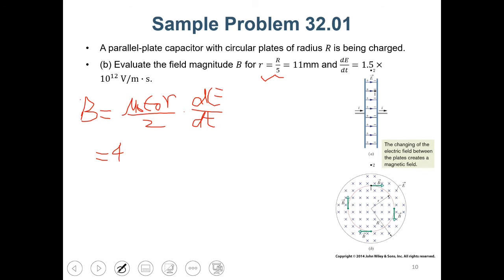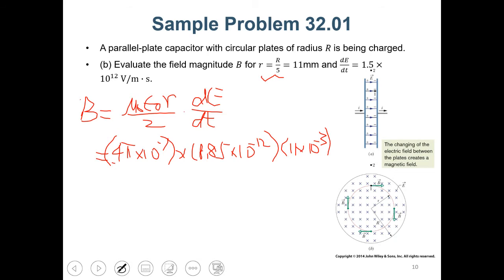Mu naught is 4 pi times 10 to the minus 7, and epsilon naught is 8.85 times 10 to the minus 12. R is 11 millimeter, so 11 millimeter over 2, and then multiply by 1.5 times 10 to the 12.